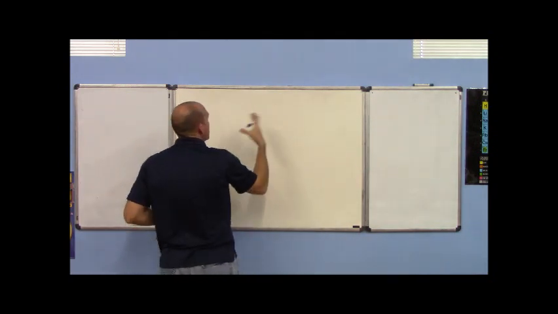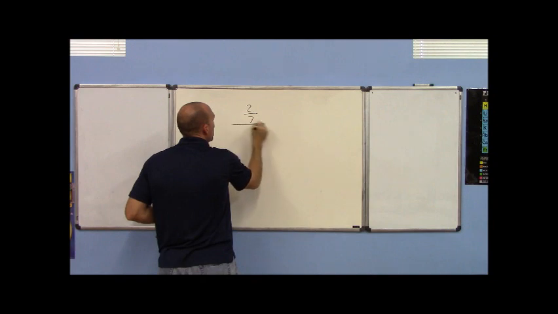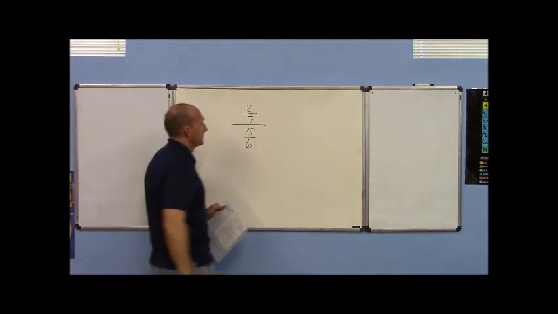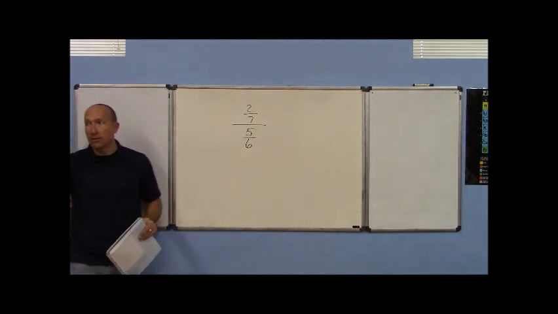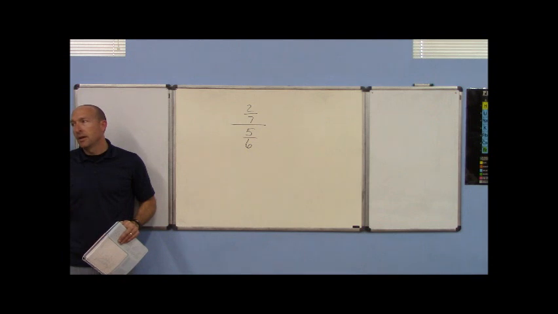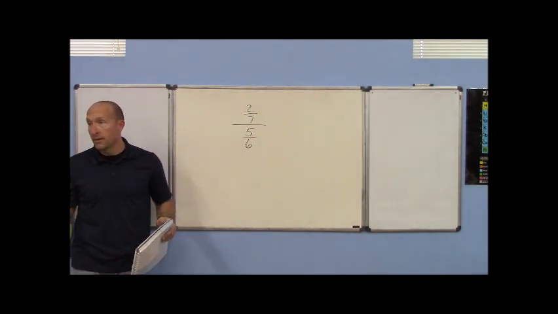If we have an example of 2/7 over 5/6, that's like a fraction within a fraction, and I don't like that. Well, if you don't like this, simply put it in a different format.